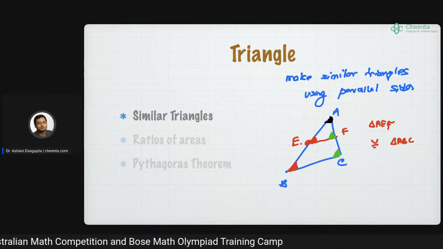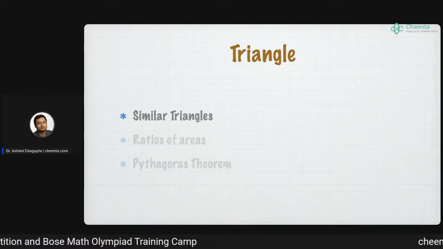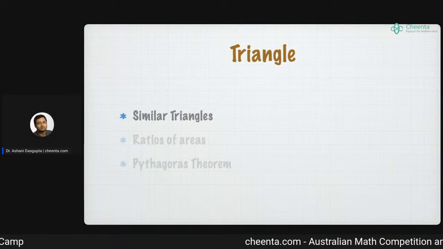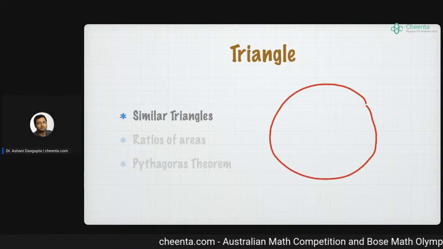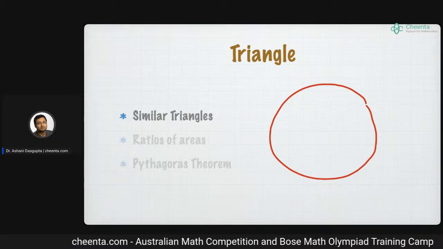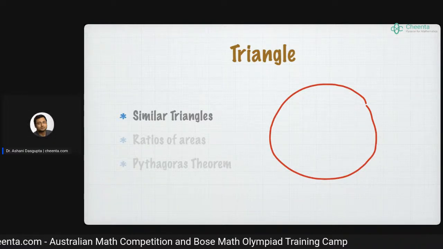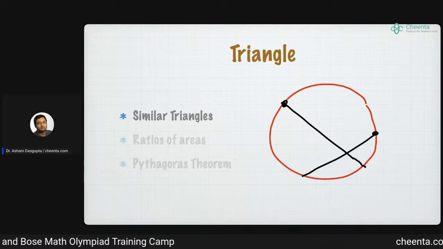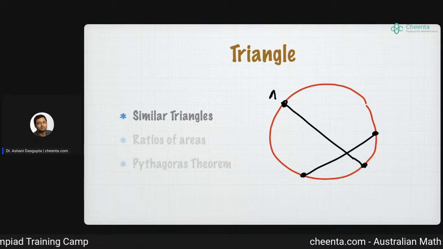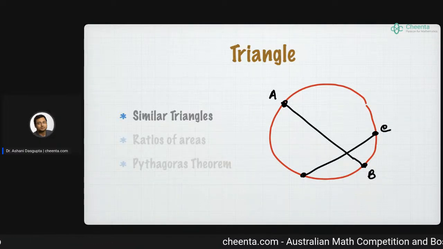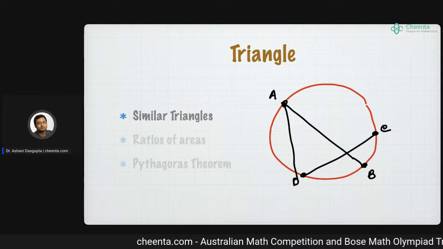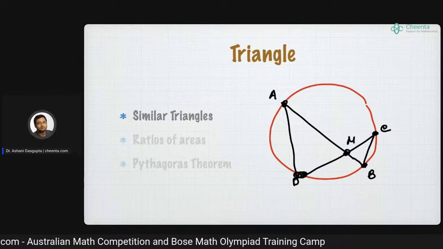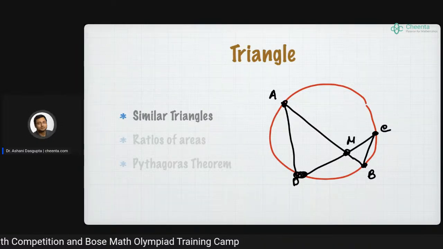The other popular way, and there are many other ways actually, is to use a circle. If you have a circle like this, something crazy happens. If you draw two chords, any two chords like this, A, B, C, D, then the two triangles here, AMD and CMB, are similar to each other.